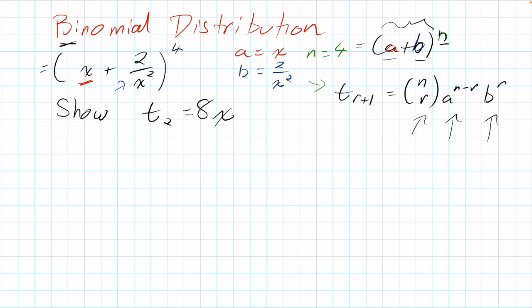They're asking us to find T2, and they're saying T2 is equal to 8x, and we need to prove this. This is the tricky part of the general formula. In the formula, T means the term, and the subscript is the term number.